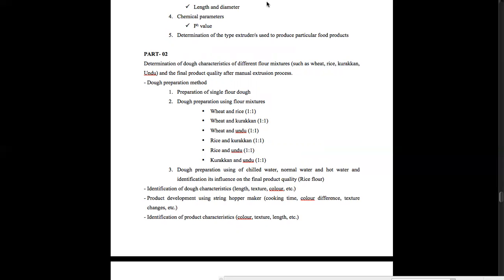You can collect these things and convert them into flour, and then try to develop some extruded food products even using your domestic string hopper maker, right? So these are the things we are going to do. We are going to get hands-on experience today, and let's move to the other part.